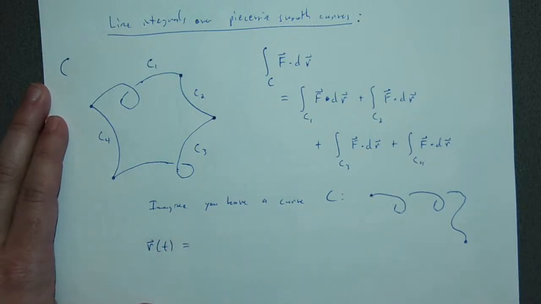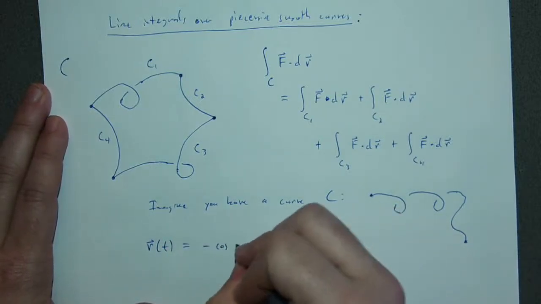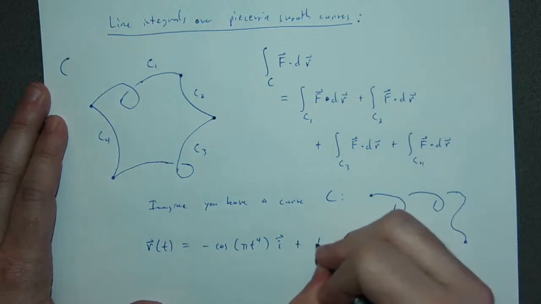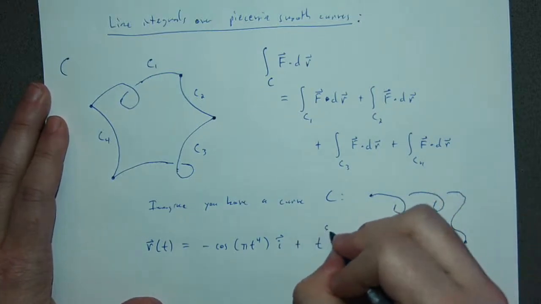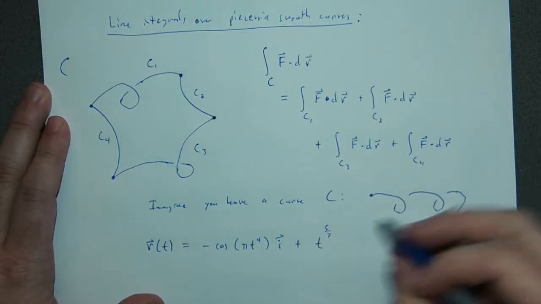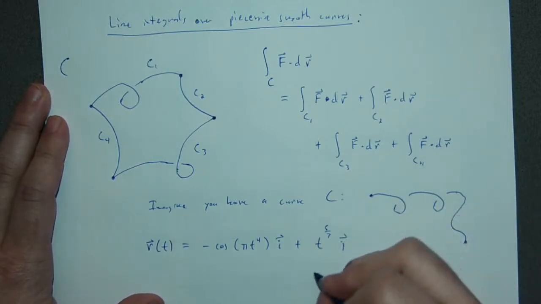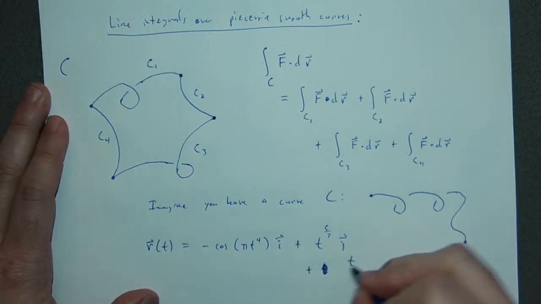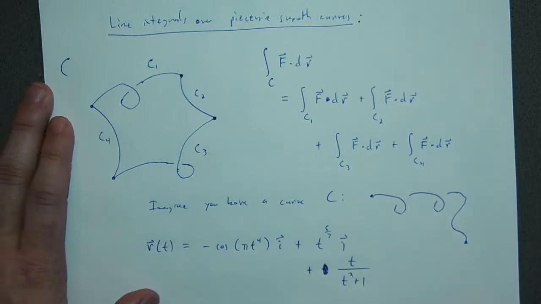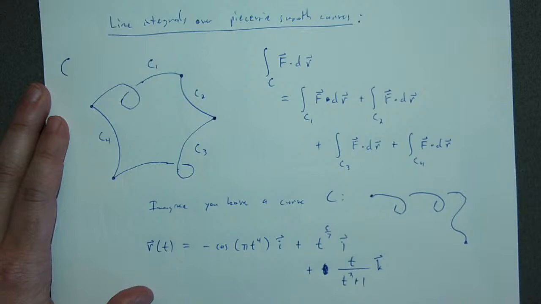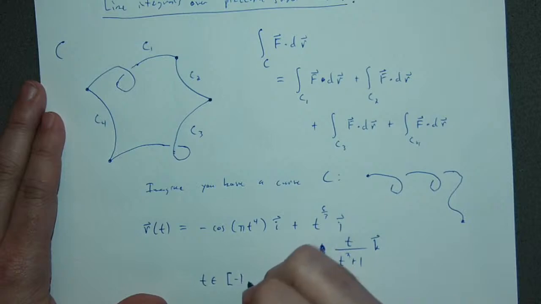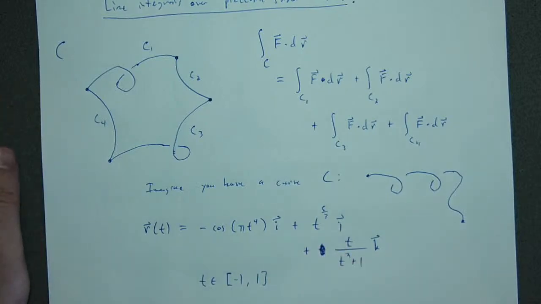Let's consider the parameterization minus cosine of pi t to the fourth i, plus t to the 5/3 j, plus, actually let's make it t over t squared plus 1, so we don't have domain issues here, k, and let t be in the interval -1 to 1.